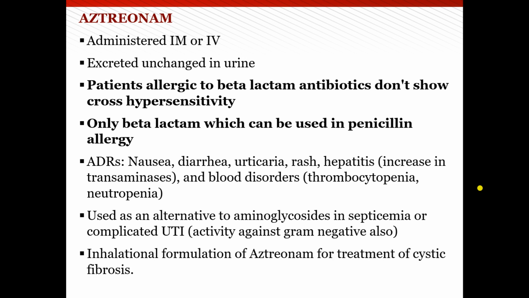Another important use of Aztreonam is that it is also available as an inhalational formulation, which is used for the treatment of cystic fibrosis, a disorder of the lung where fibrosis in the lung starts, and Aztreonam by inhalational route can be useful for this condition also.